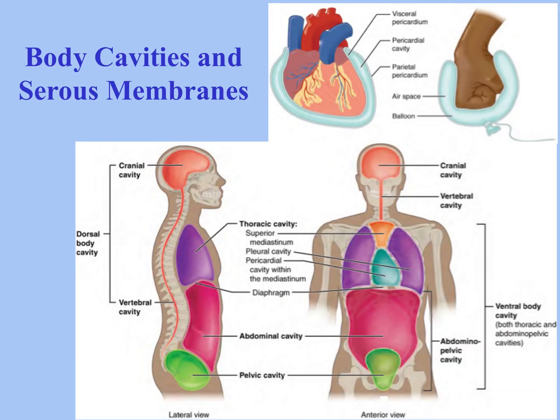And so this slide is just showing you the various body cavities: cranial cavity, vertebral cavity, pelvic, abdominal, thoracic cavity. And these cavities, especially the abdominal and the thoracic cavity, are lined by these serous membranes.